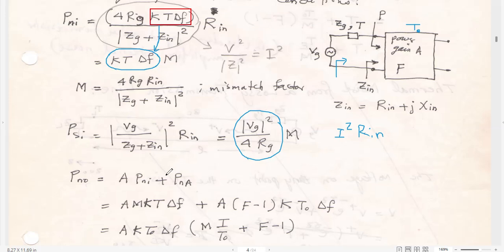At the output, we multiply KT delta F M by A, to obtain the input noise power from the generator impedance at the output, and then you add the noise power of the amplifier. It is F minus 1 times K T naught delta F times the gain, because the temperature here is T naught. This is the amplifier.